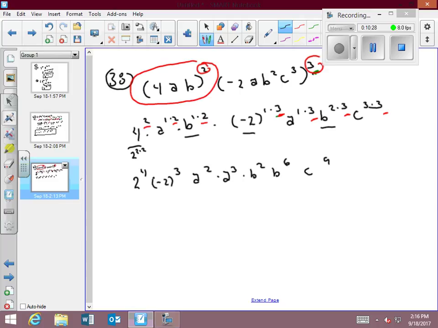Do you see that? If you don't, I'll add a step right in here. I'll write this as 2 squared squared, a squared b squared times a minus 2 to the third b to the third times b to the 6th times c to the 9th.